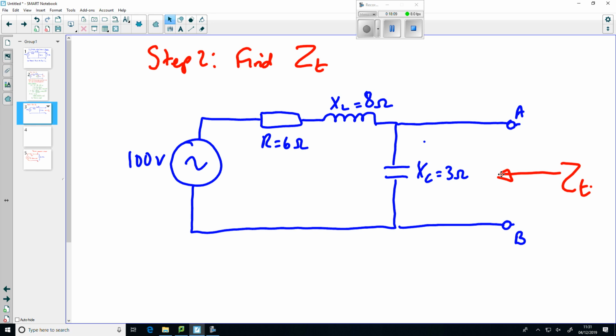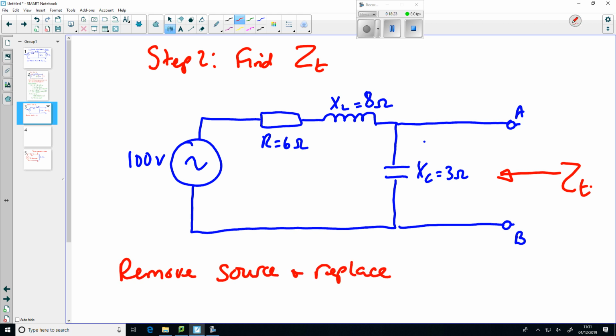So what we do is, in this case, remove source and replace with short circuit.